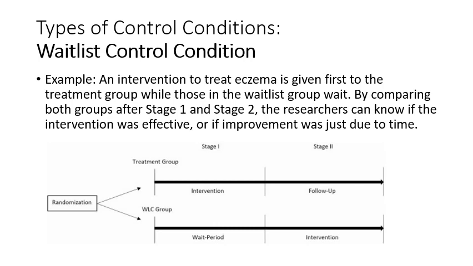If, however, both groups have a similar improvement at stage 1, then we know that these symptoms just passed in a matter of time and that it wasn't the intervention that was making the difference. Of course, in stage 2, we can gather follow-up data on the treatment group and gather intervention data on the WLC, or the waitlist control group.